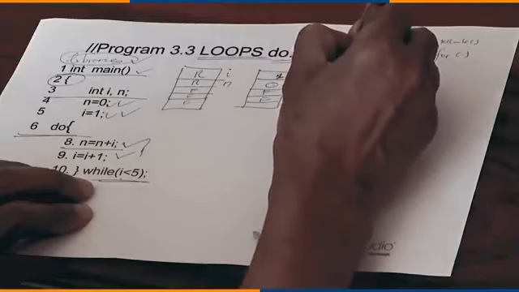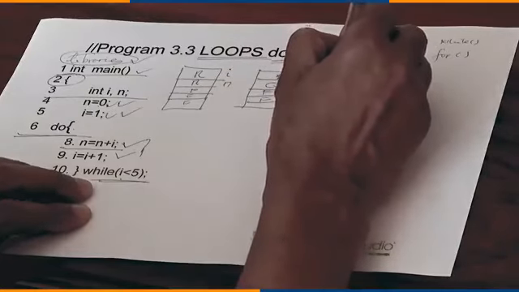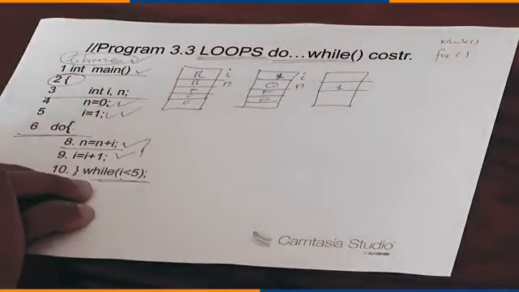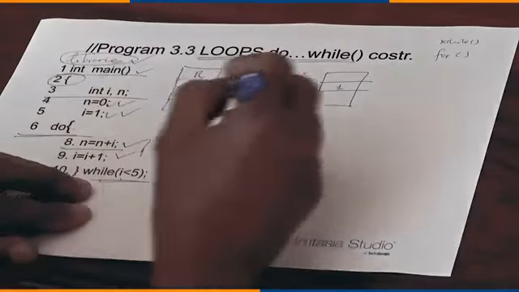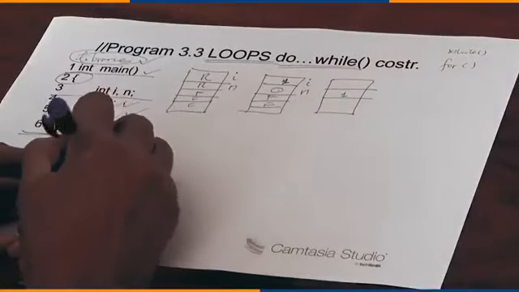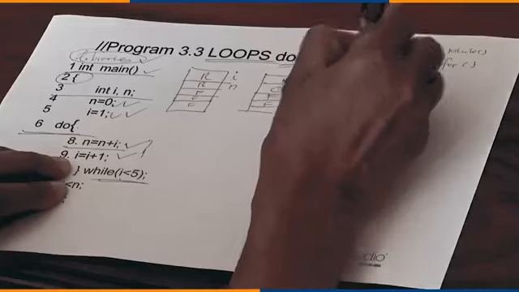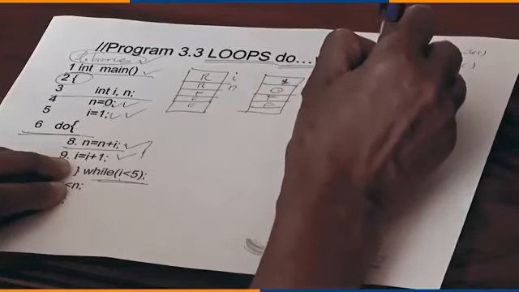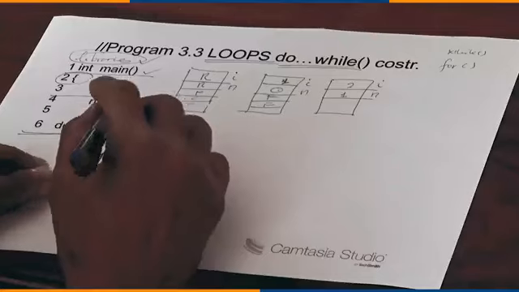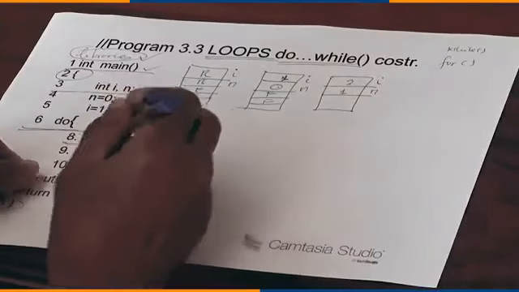So we have in n 1, that is the result of this addition, and in I we have 2, which is the execution of line number 9. So this is going to be the scenario when line number 8 and number 9 are executed.